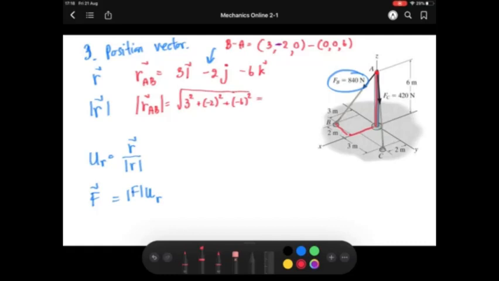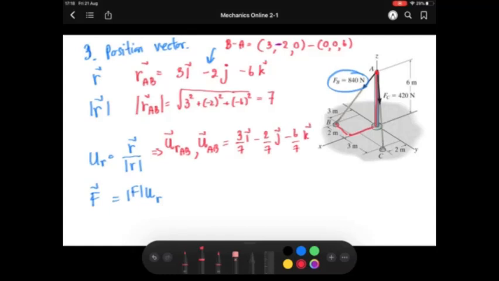So the result of this is 7, or square root of 49, and then the unit vector AB is 3 over 7 i minus 2 over 7 j minus 6 over 7 k.